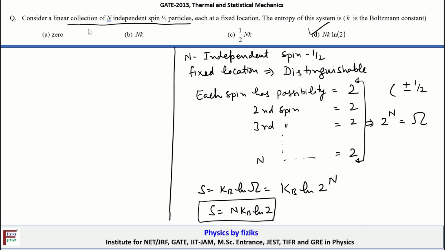In fact we can also obtain this result by making use of the fact that the total number of spin orientations, omega, is 2s plus 1 orientations for one spin, and for n spins it's going to be 2s plus 1 power n, so that is equal to 2 power n. And D is the correct option here.